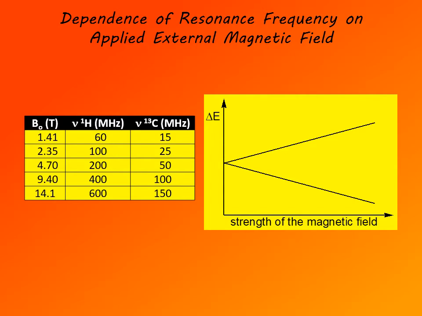So we always designate an instrument based on the frequency at which protons are at resonance. We do not designate it by strength of magnet or by frequency at which some other nuclei are observed. So we say that a spectrum is taken, let's say, on a 400 megahertz instrument. Now, when we report a carbon-13 NMR spectrum, we will say that it was a 100 MHz instrument.